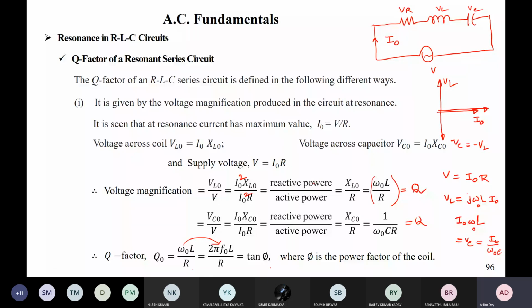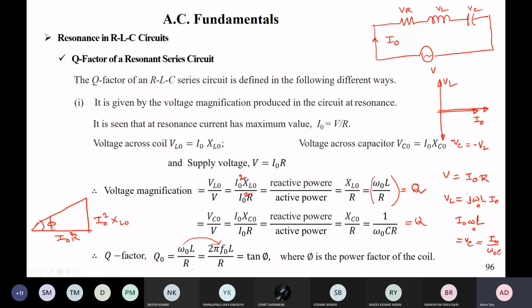So this is basically the angle phi during the power factor. You have this active power component, which is I0 square R. This is your reactive power, I0 square XL0 or I0 square XC0, whatever it is. And this angle is your phi.